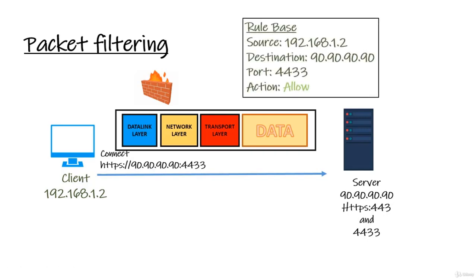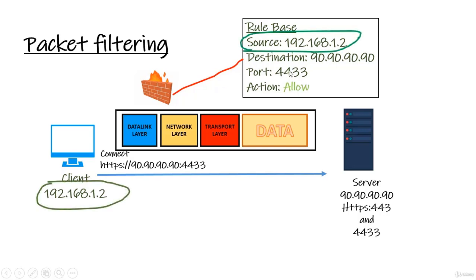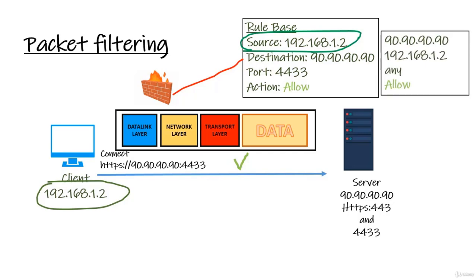First, it goes through the data link layer, through the switches and all that jibber jabber. Then it goes to the firewall. The firewall checks the source, destination, port, and the action. If everything matches what we're trying to do with our connection, then the traffic is allowed to the next layer and passes through the wire without any problem.